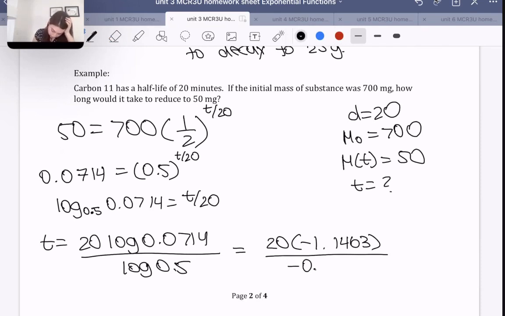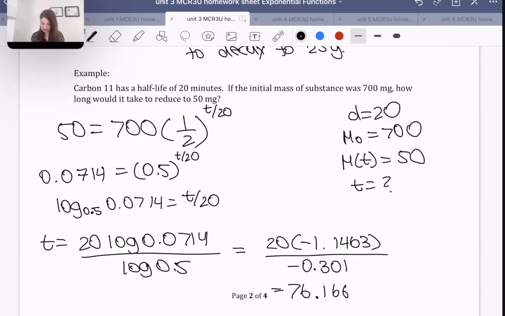So negative 0.301 is 76.166. All right. So therefore, it would take 76.166 years to reduce to 50 milligrams.